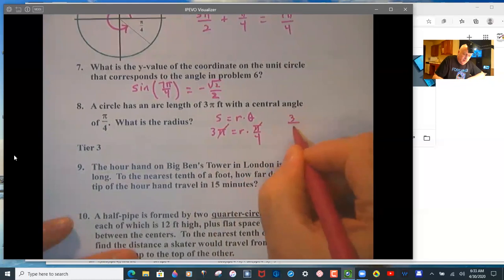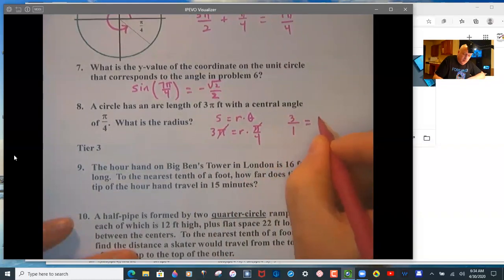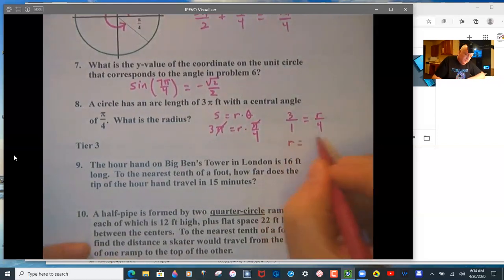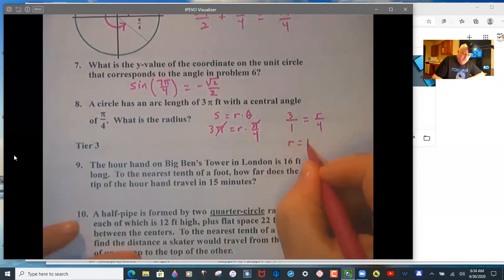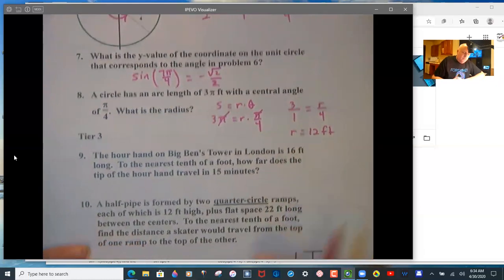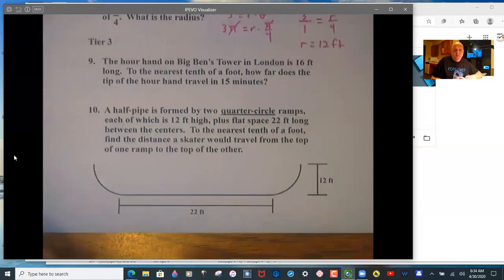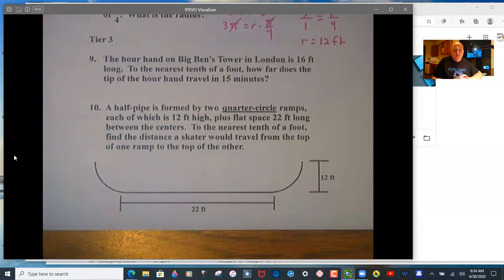So 3 over 1 would equal r over 4. And then just cross product, r is 12 feet. Simple enough.